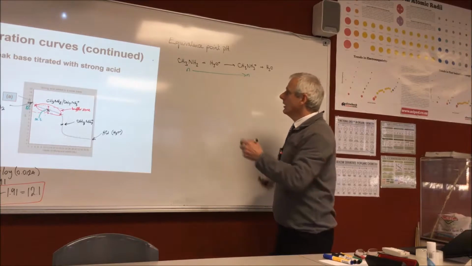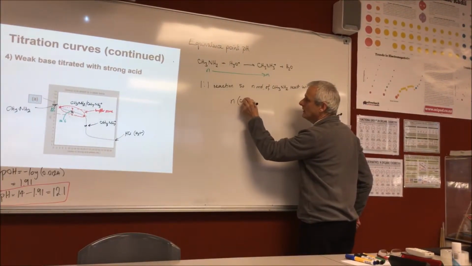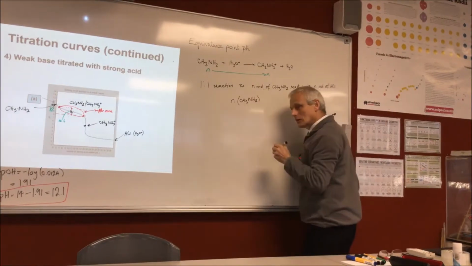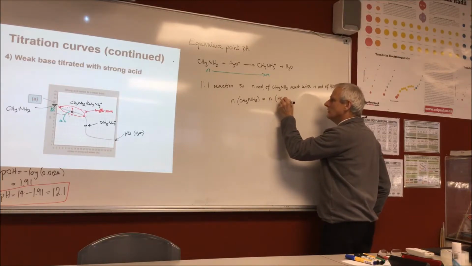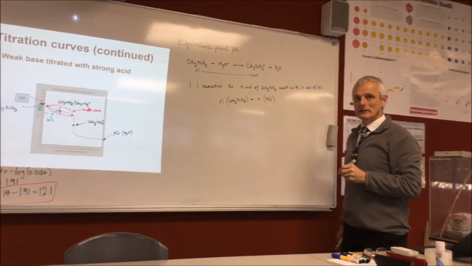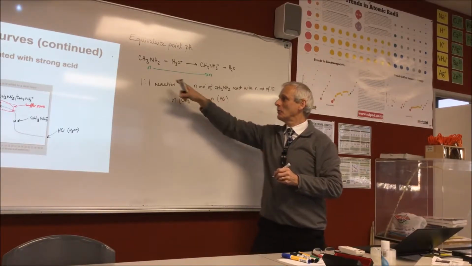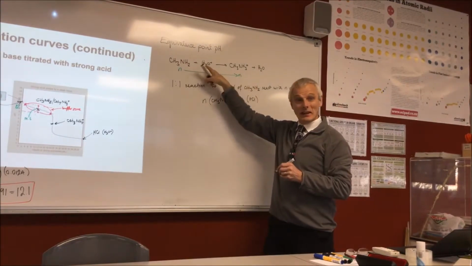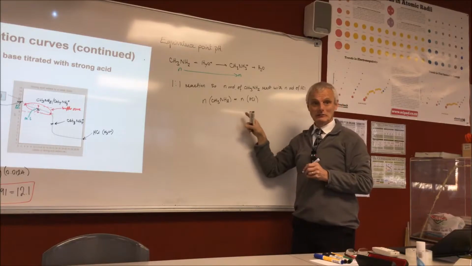Okay? So what we're saying in effect then is n of CH3NH2 is equal to n of HCl. It's a one-to-one neutralisation reaction. We know we've got n moles of that. So if I'm going to turn n moles of that into n moles of that, I need n moles of that. Yeah? So the two are equal. Yeah?